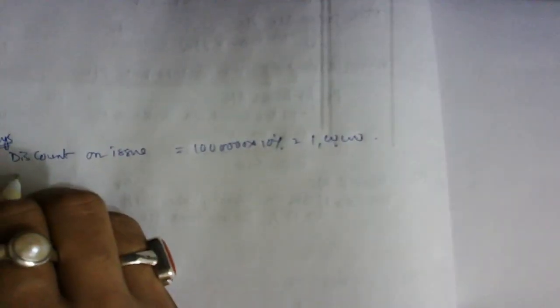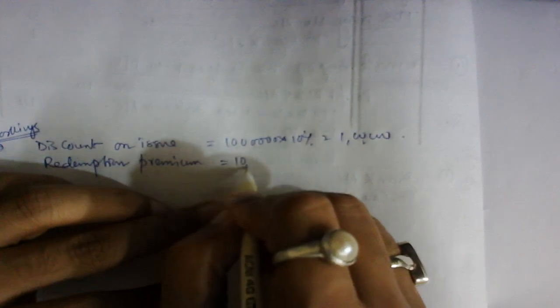So here you can simply calculate the amount of discount easily. Workings, discount on issue is 10 lakh into 10%, which is 1 lakh rupees, and redemption premium is 10 lakh rupees into 5%, which means 50,000.